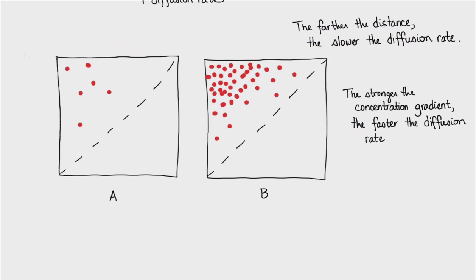And in my A box, these guys might be moving around a little bit like so, and it might take them a while before I eventually get 3 across. But in my B box, they're all so crowded that they're actually naturally going to want to spread apart.